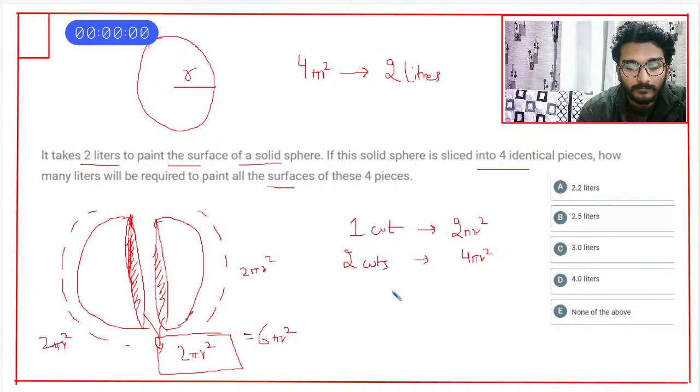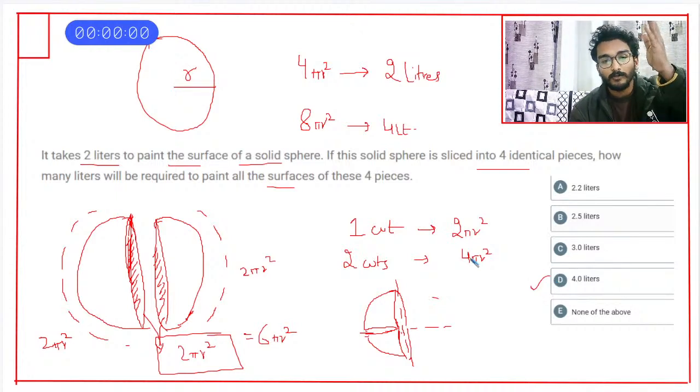Something like this, and the same on the opposite side. Okay. So in total, we have 8 pi r square finally. So for 8 pi r square, we require 4 liters. So 4 liters is the answer.